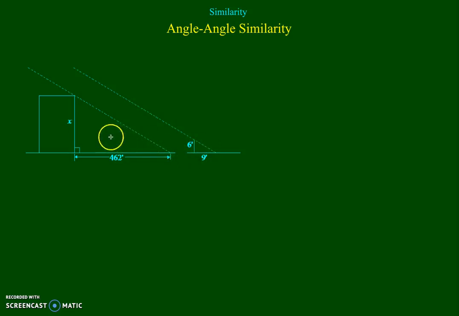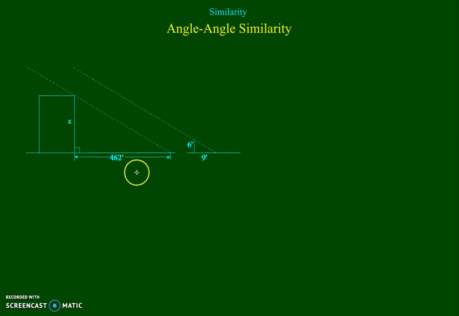And we have right angles in these two positions. So this pole is perpendicular to the ground, and this building is perpendicular to the ground. The building is casting a shadow of 642 feet, and the 6-foot pole is casting a shadow of 9 feet. We want to determine how high is the building based on these measurements.